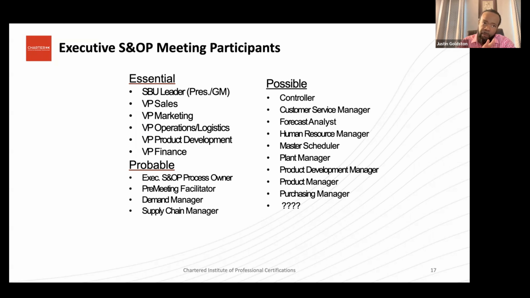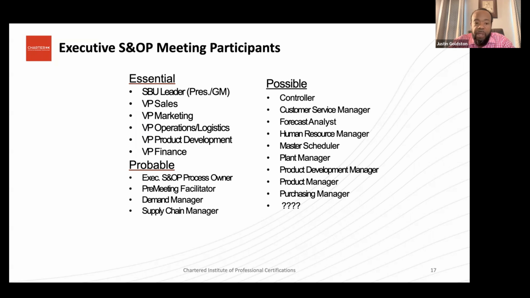For the executive S&OP meeting, it depends on the size of your organization, the culture of the organization, and the environment of your organization. So only you as leaders can answer that question. This is just one example, and I think it's more for a large multinational organization.